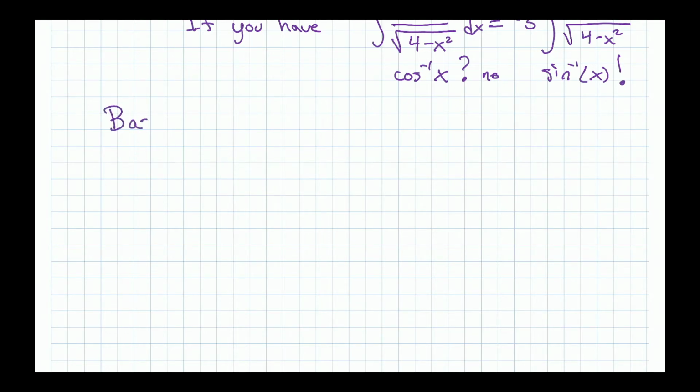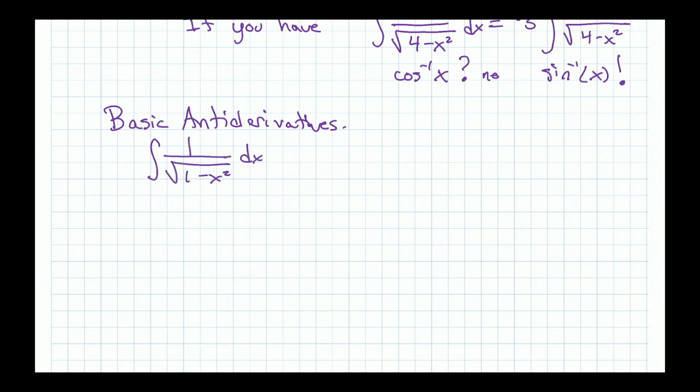Okay? So the basic formulas, and these are not what you're going to remember, are as follows. These are going to be your basic antiderivatives. One of them you just saw. The antiderivative of 1 over square root 1 minus x squared dx is sine inverse x plus c.